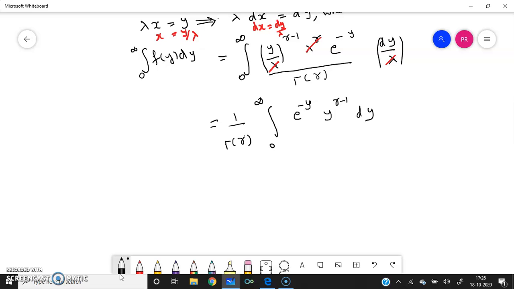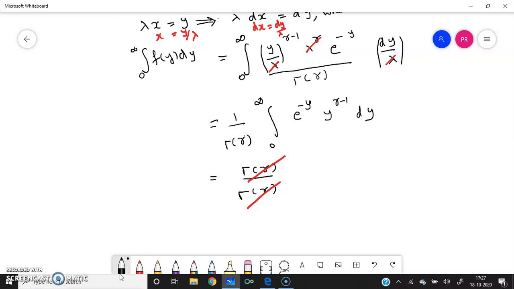Then what is this function? Do you remember? We have seen the gamma function in the previous class. So this will be our gamma of r, divided by gamma of r, and gamma of r gets cancelled, right?